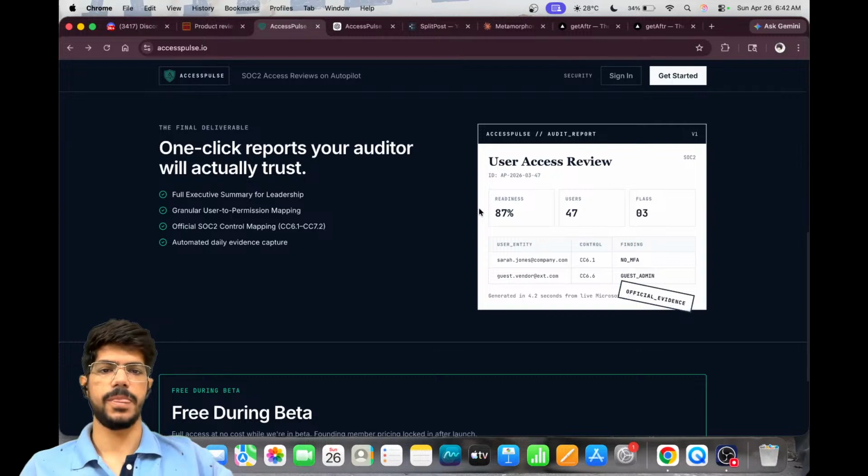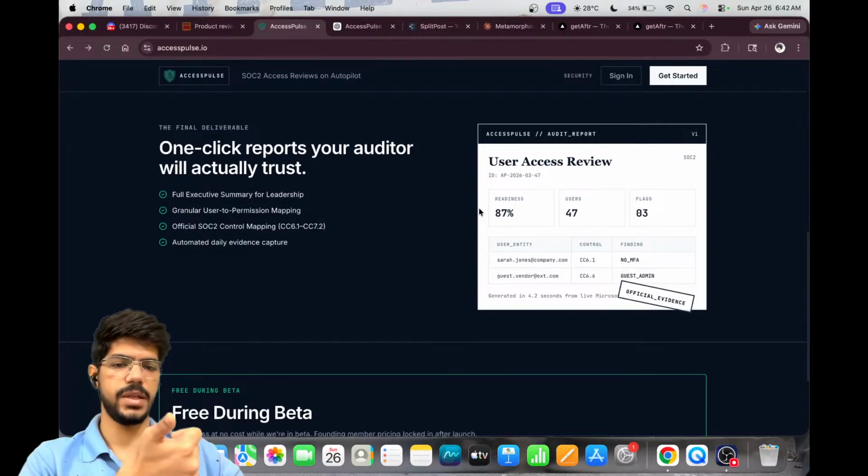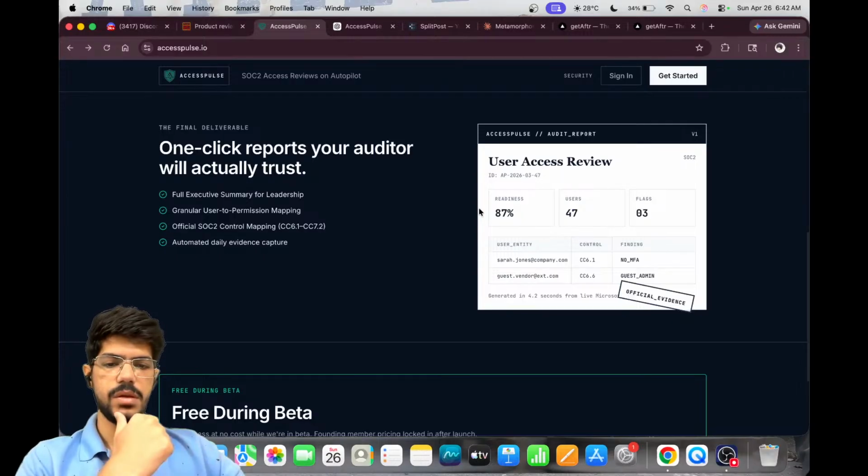Let's say there is no multi-factor authentication, which affects the readiness by, let's say, 3%, and a guest admin affects the readiness by 5% or 6%, like double of no multi-factor authentication. Is that how it works?